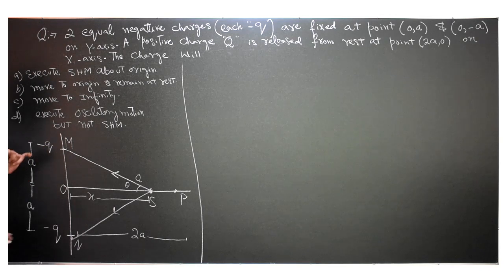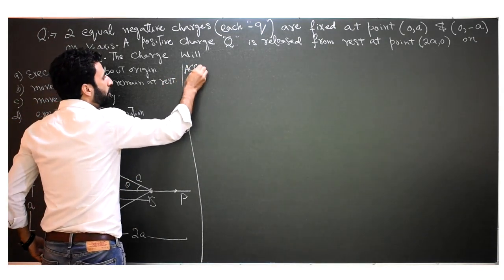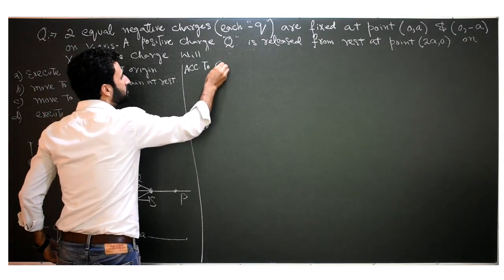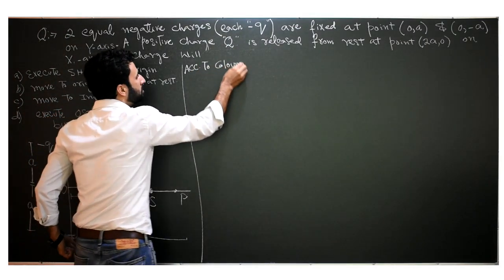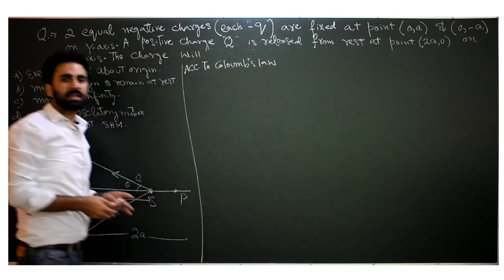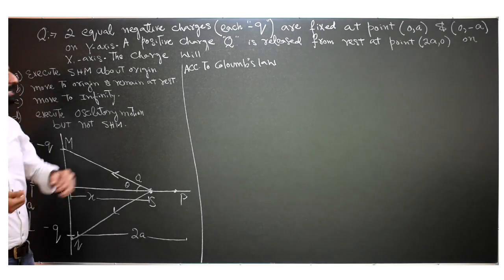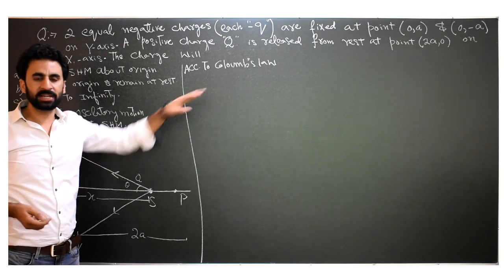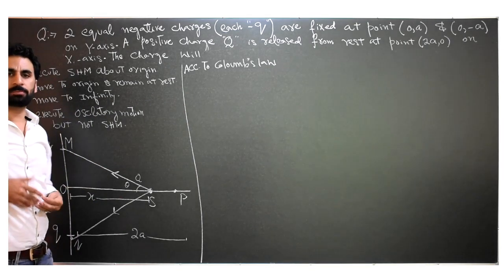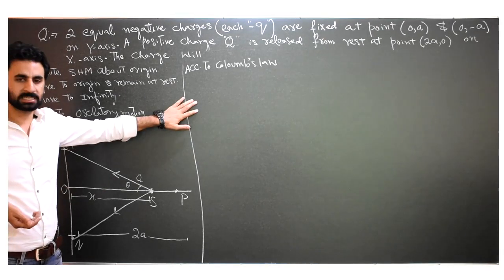Now, in this particular case, according to Coulomb's law, because Coulomb's law gives us the electrostatic force between two charges at rest, we state that the force between two charges at rest is directly proportional to the product of the two charges and inversely proportional to the square of the distance between them.